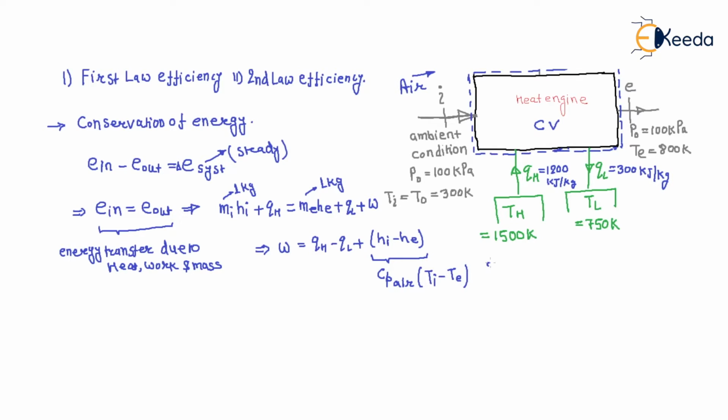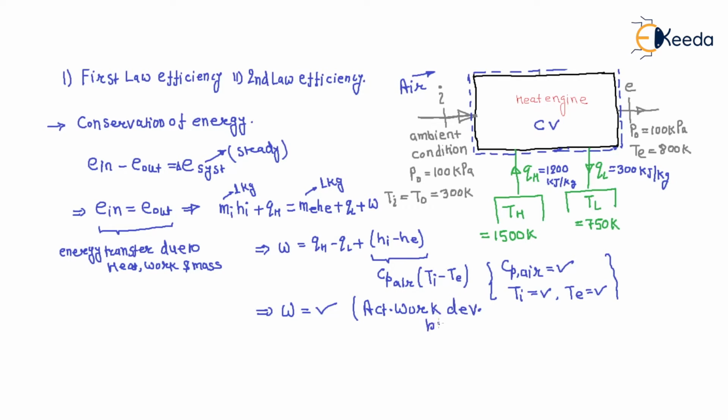You have Cp of air, you have Ti, and you have Te, so you can easily find the work transfer. This is your actual work developed by the heat engine.